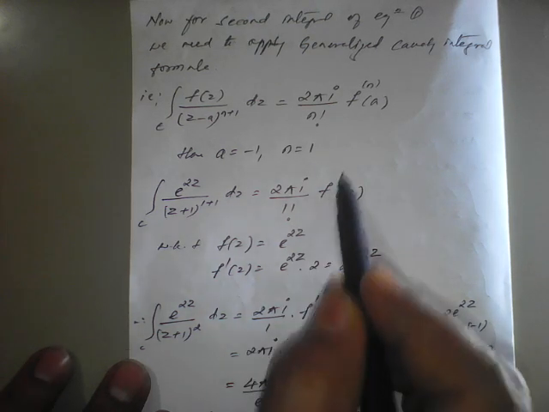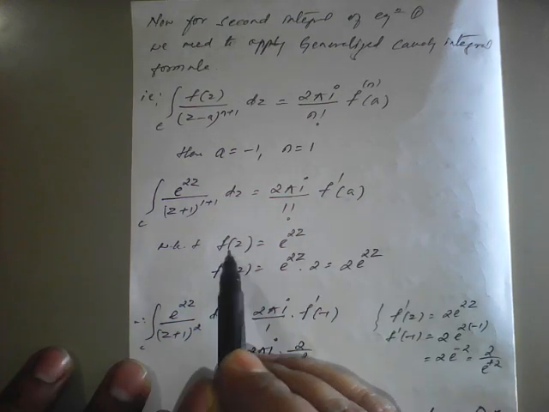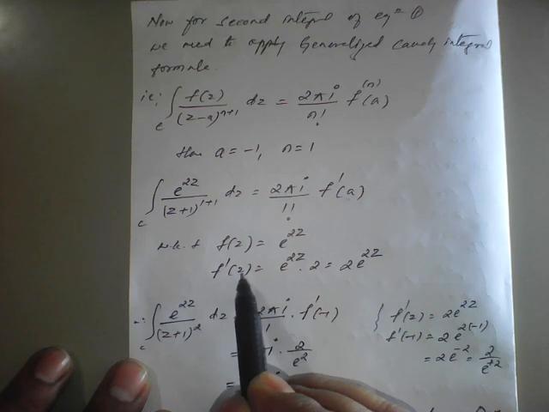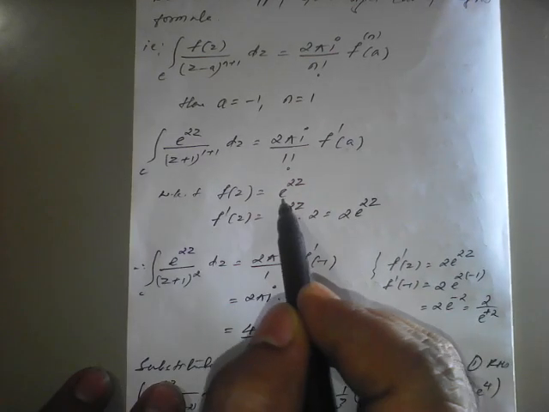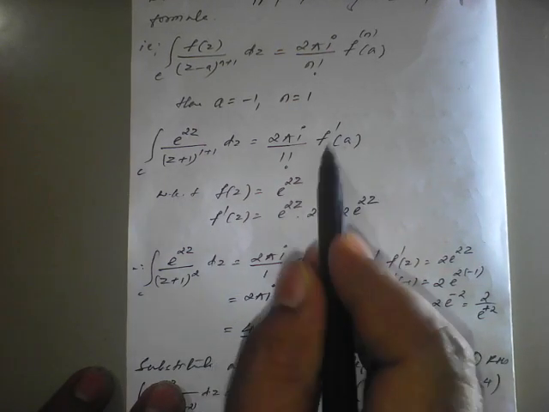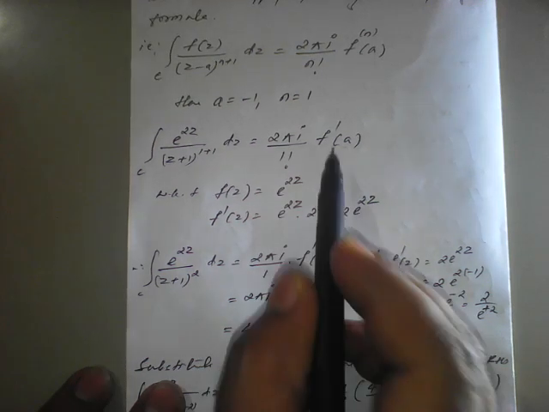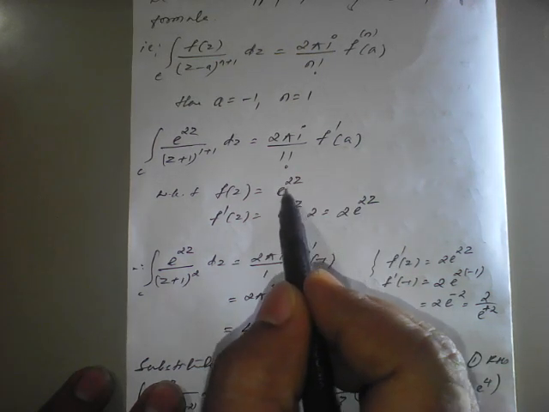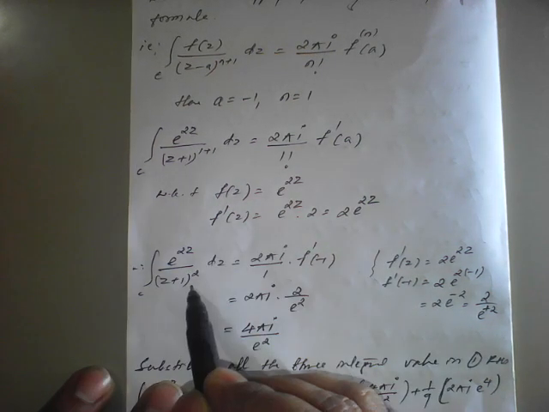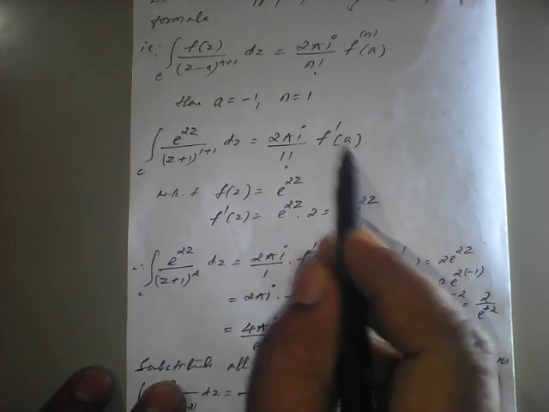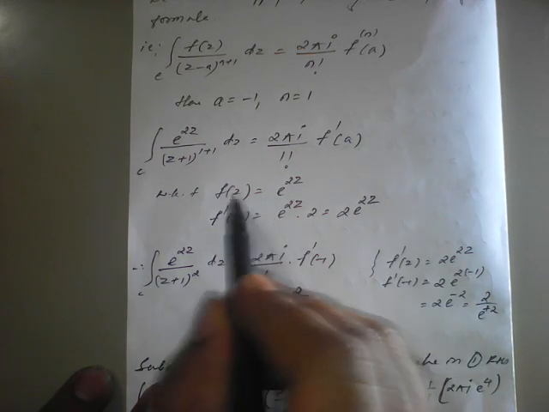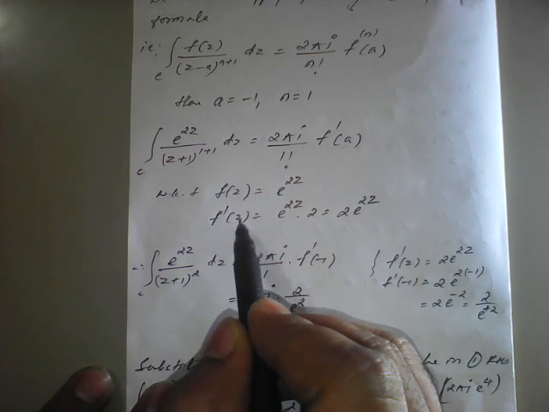Because n is 1, f dash of a means the given f of z we have to differentiate only once.